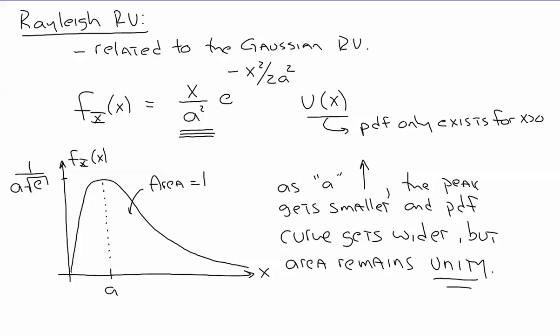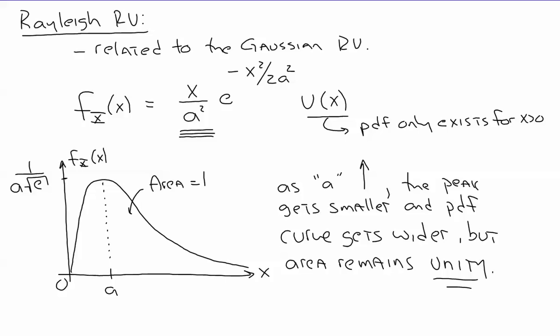All right, so as the parameter little a gets larger and larger, the peak will squat down, the curve will get wider. It always starts at x equals 0 and is 0 for x less than 0. But the area always remains 1, no matter what. All probability density functions have unit area regardless of the choice of variable parameters.